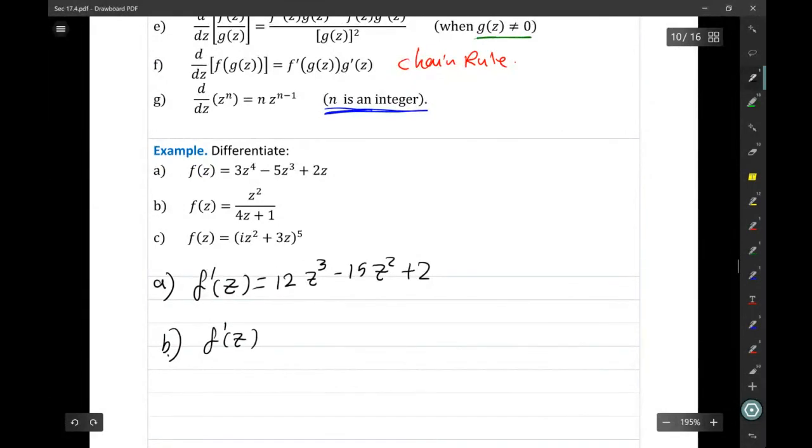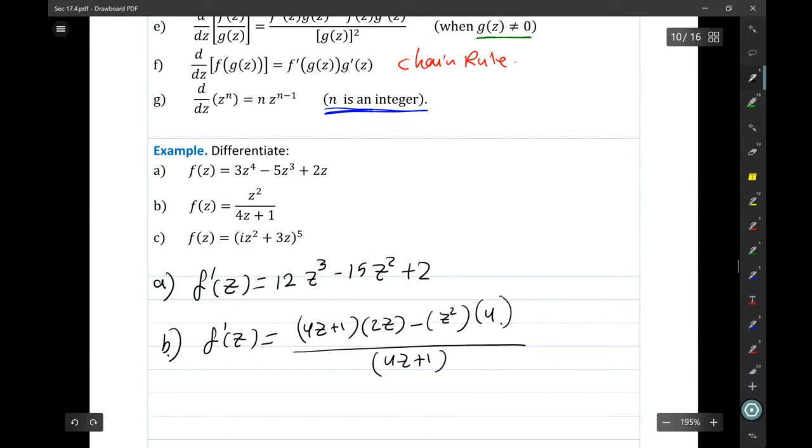Now f prime of z is equal to the denominator times the derivative of the numerator, 4z plus 1 times 2z, minus the numerator times the derivative of the denominator, which is 4, all divided by (4z plus 1) squared.